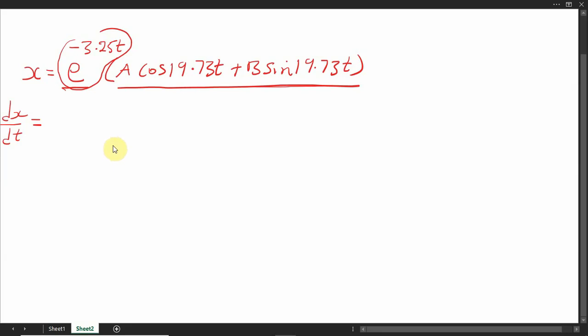In differentiating e raised to negative 3.25t, we get negative 3.25 e raised to negative 3.25t. Then we maintain it by multiplying by the same second component of the equation.